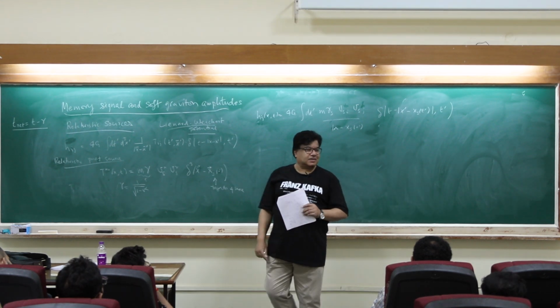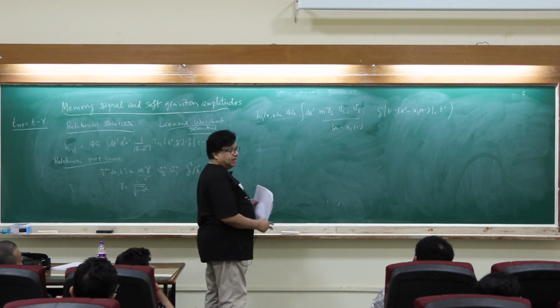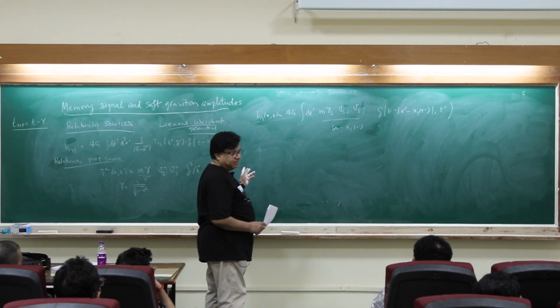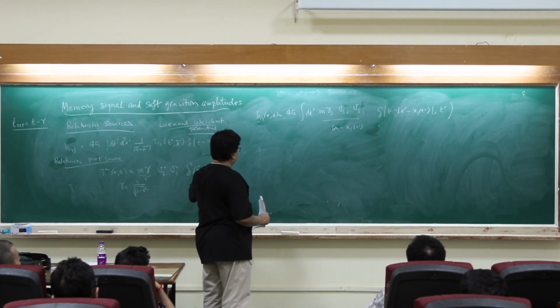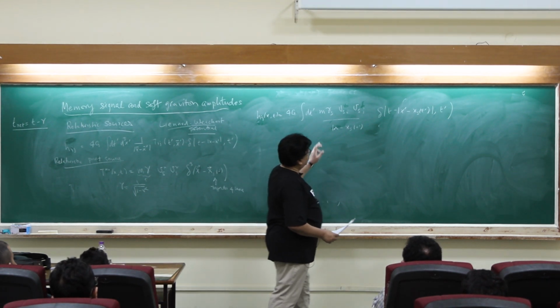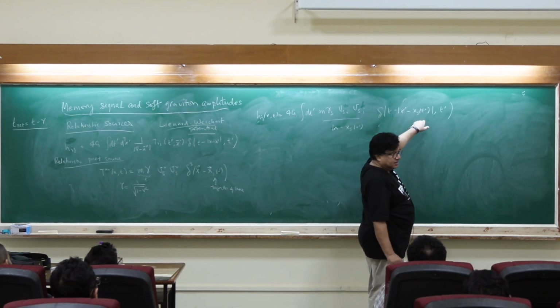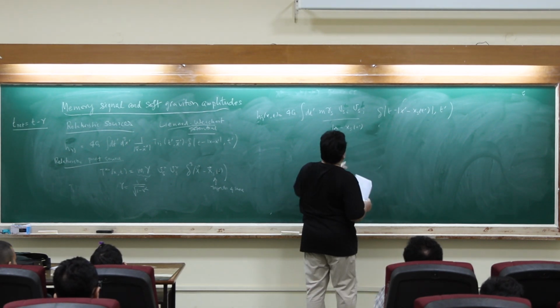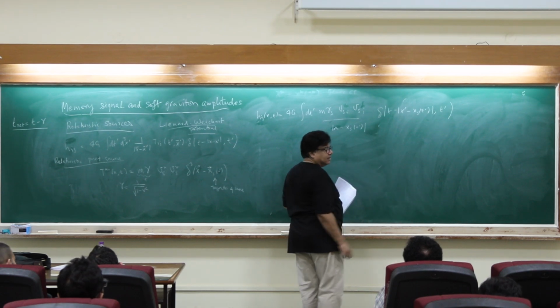What I have done here is I inserted that Green's function and integrated over x prime. When I integrated over x prime, because of this delta function, the x prime got replaced by x of the source, both there and here.